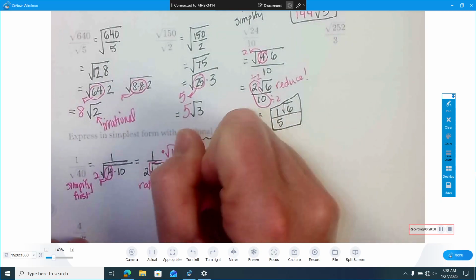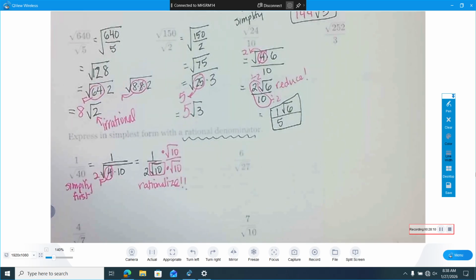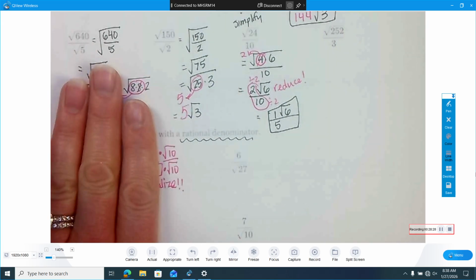Now, why am I allowed to do this? Why am I allowed to multiply by radical 10 over radical 10? What mathematical sense-making allows me to multiply the top and the bottom? What is radical 10 over radical 10? 1, right?